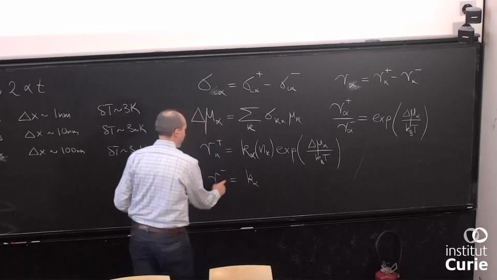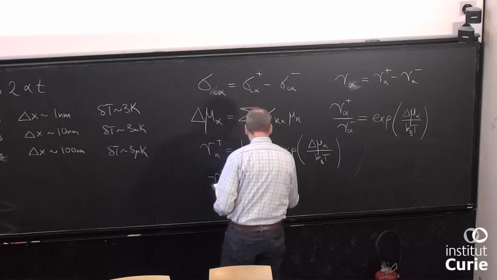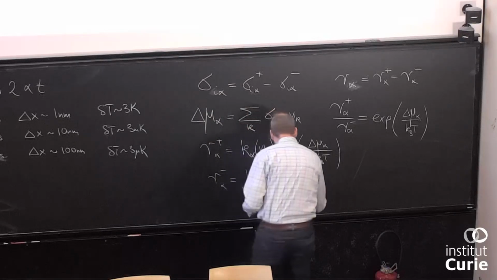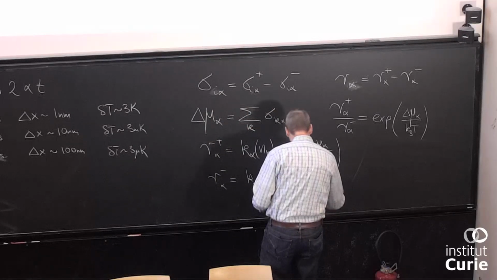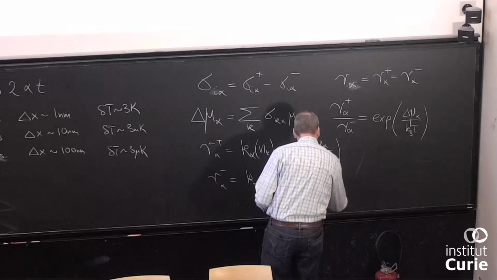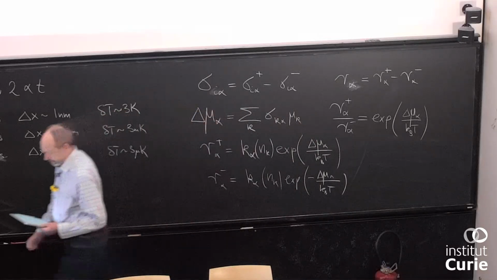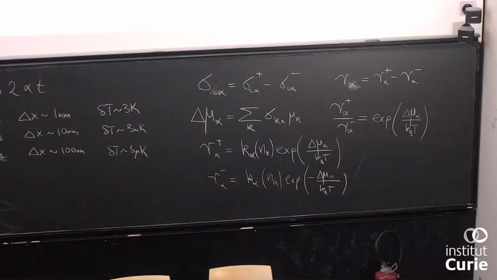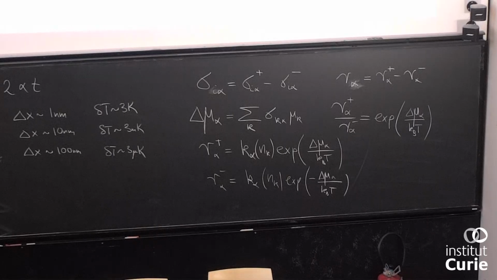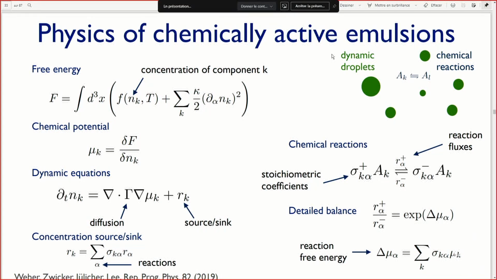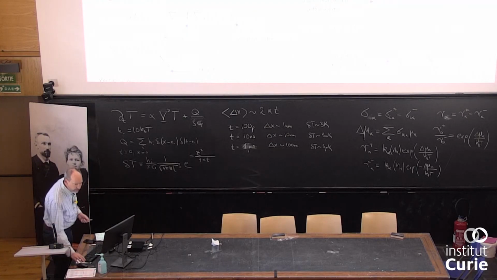In the forward and backward rate, I have the same kinetic coefficient, and then the thermodynamic factor. And with this, I now have a general theory that allows me to capture chemical processes and phase separation processes that are consistent with local equilibrium and can be extended to global non-equilibrium.